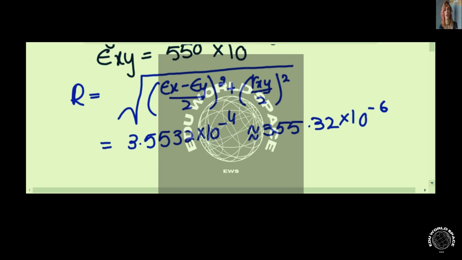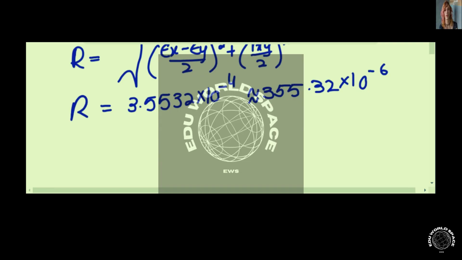Now that we have the radius, we need to find out the origin of the axis, and for that we are going to use equation 10.13, right?